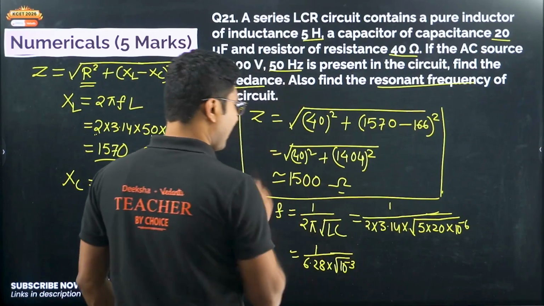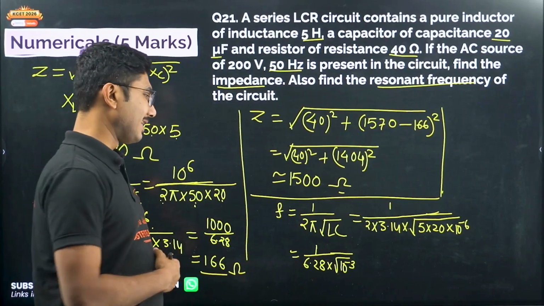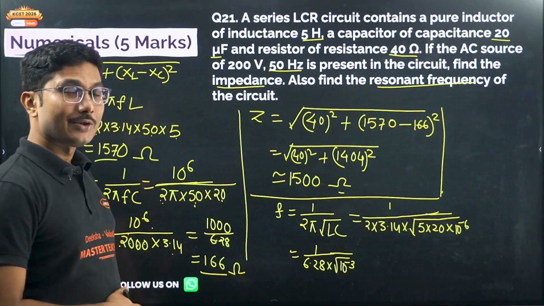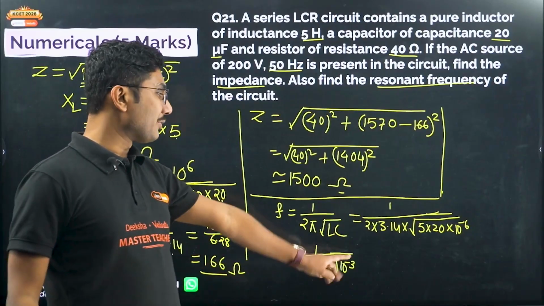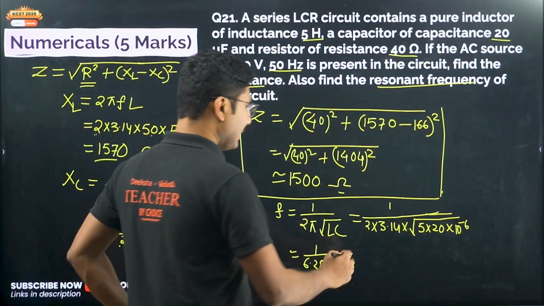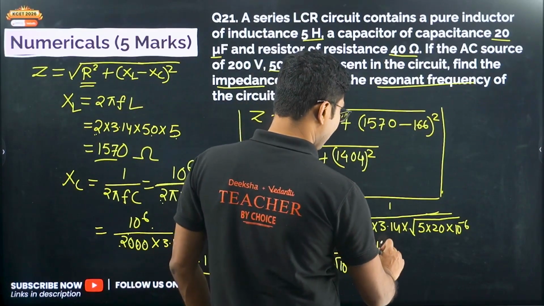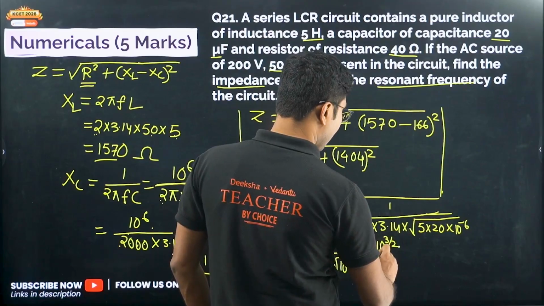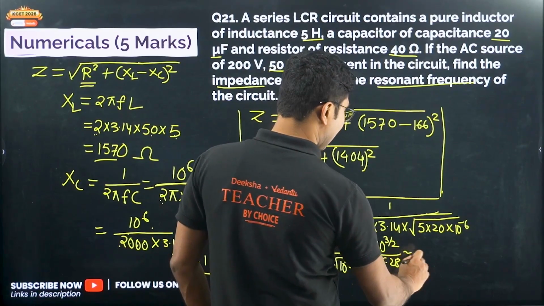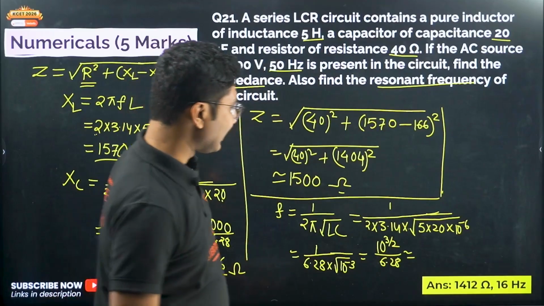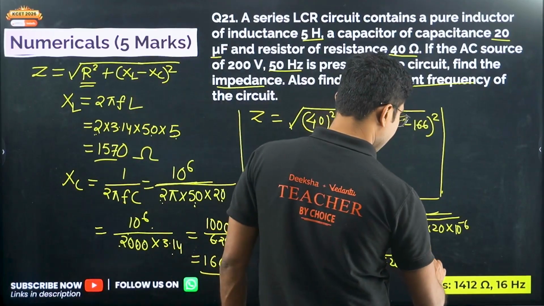So 10 to the power of minus 3 is something tricky. Okay, because 10 to the power of 4 or minus 4 could have been easier because you could take the square root, but here you cannot. So it will be 10 to the power of 3 by 2 divided by 6.28. The exact answer will be approximately 16 Hertz.